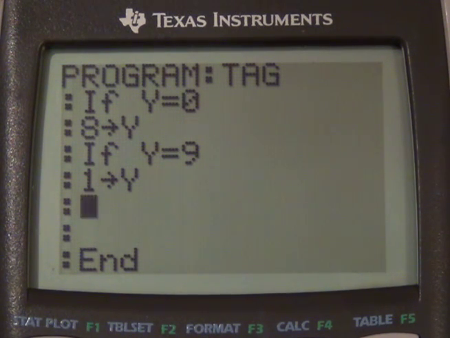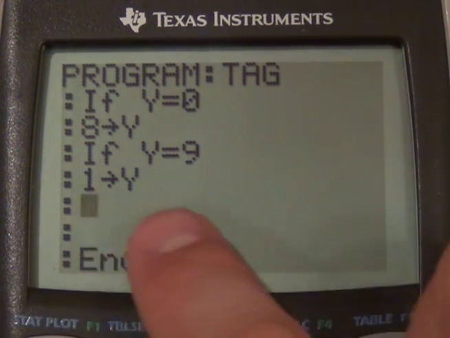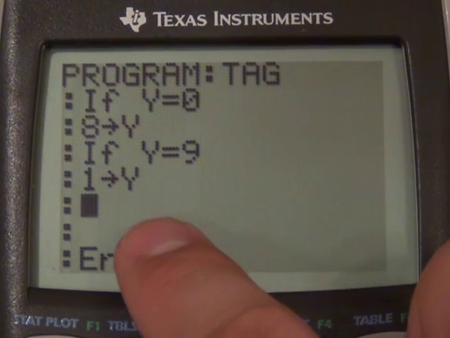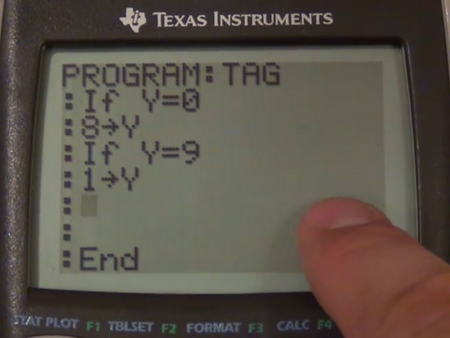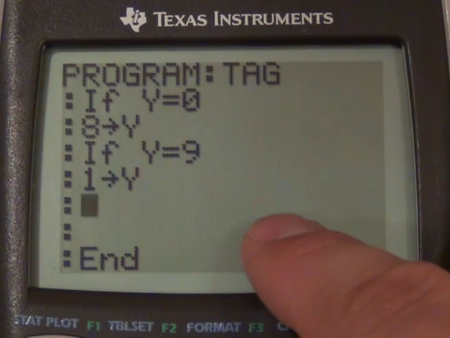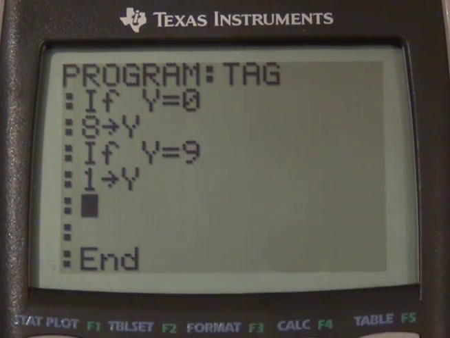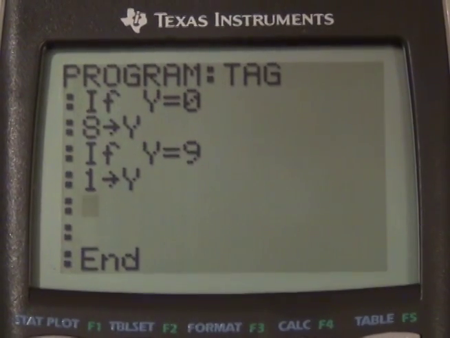Let me think about this for a second. If we're at 2 and he's at 9, that should be far. But that's also a difference of 7. So we can't mod it by 8.